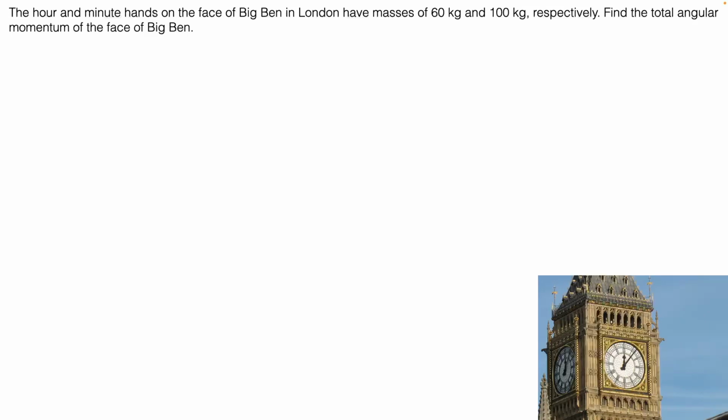Now, one of the things I failed to put into this problem for some reason is the length of the minute and hour hand. The length of the hour hand is apparently 2.7 meters long, so almost 3 meters, which is about 9 or 10 feet. We'll call it 9 feet.